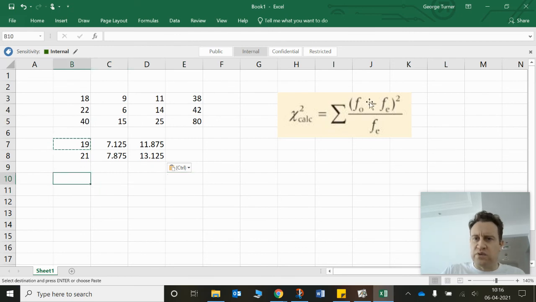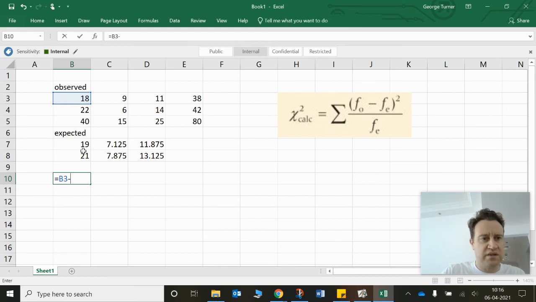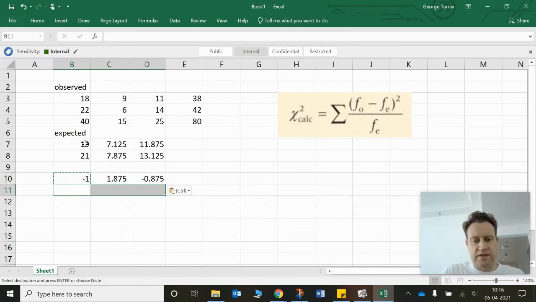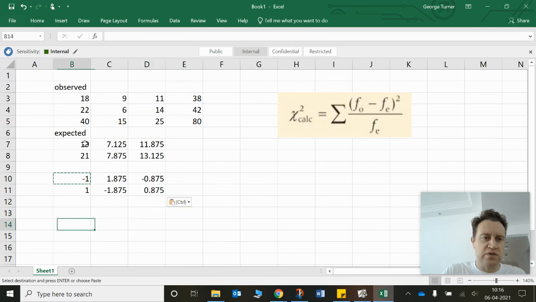Okay, and so then we're going to do this calculation here. So we've got F0 take away FE. So let's do the observed. This is observed here. This is expected. So let's do another table of observed minus expected. Now we want to do those things squared, so again, I'm going to do another table.